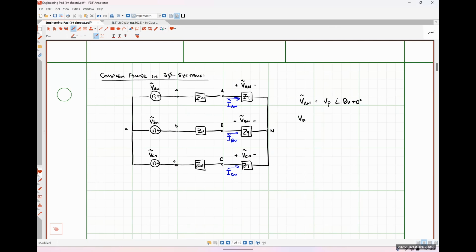And similarly, VBN is VP with an angle of theta V minus 120 degrees. And VCN is VP with an angle of theta V minus 240 degrees.